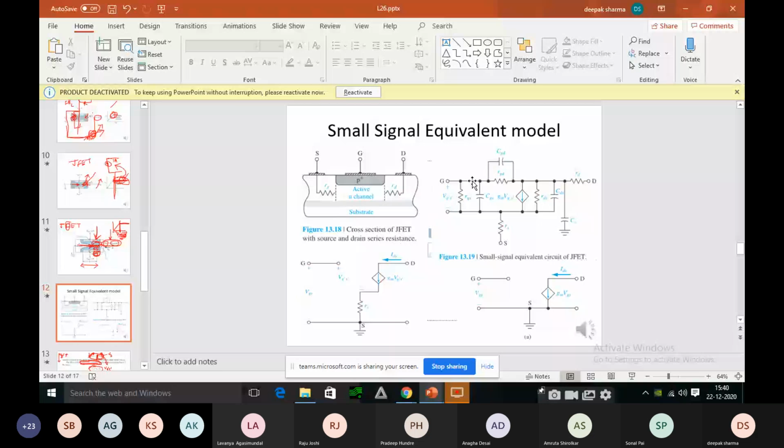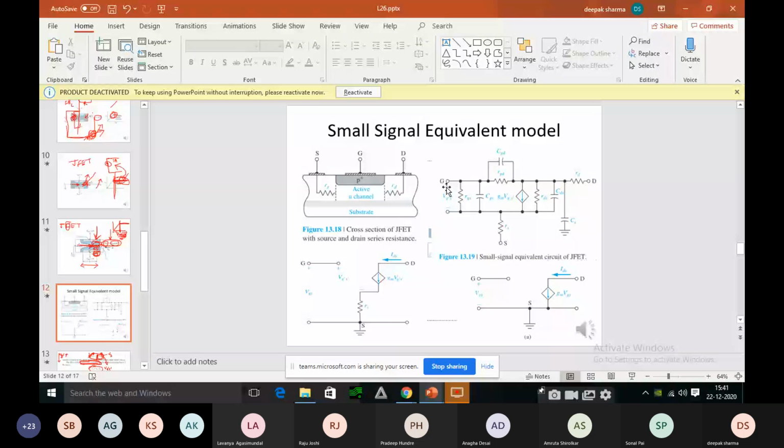And how have we drawn the small signal equivalent model of JFET? As explained earlier, between each terminal we have one capacitance called parasitic capacitance.